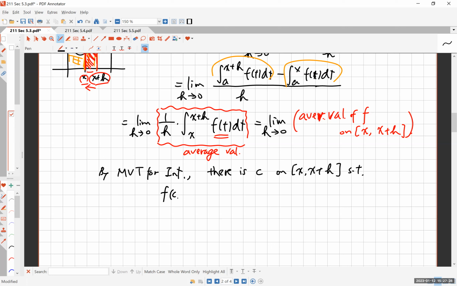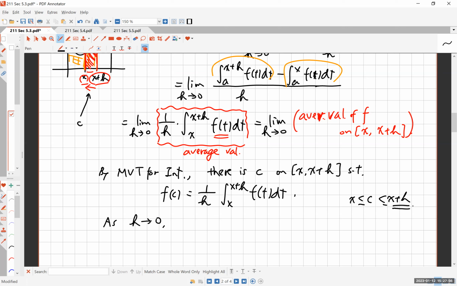So that f of c is 1 over h integral from x to x plus h of f(t) dt. Okay, well, I think you can see what's happening here. As h approaches 0, now notice here, c is somewhere between x and x plus h.